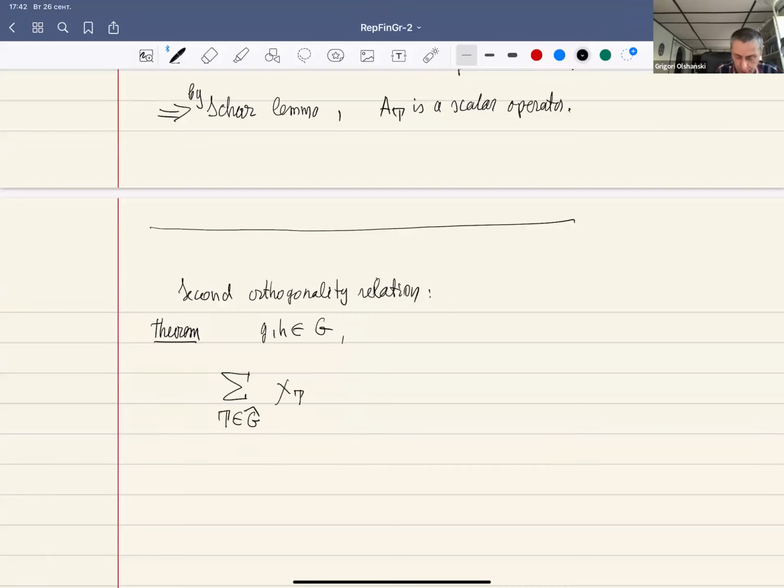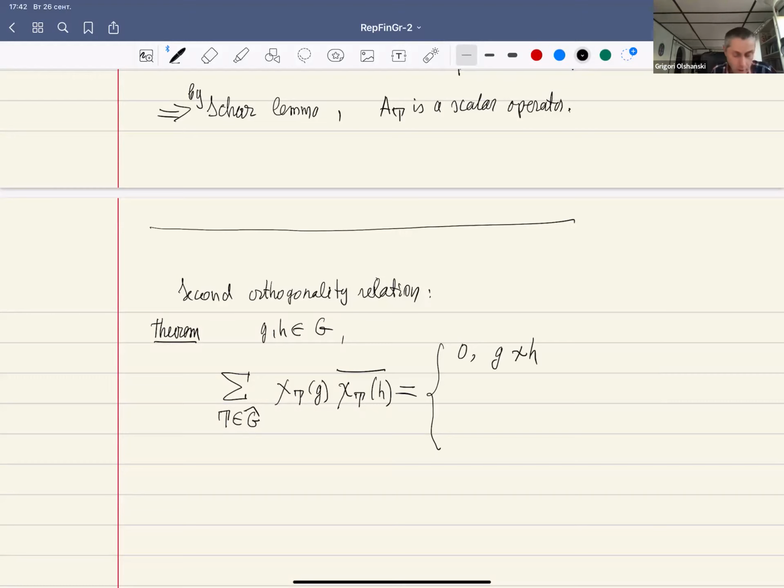So we take one character, evaluated at g, times this character evaluated at h, bar, and the claim is it's equal to what? This is 0 if g is not equivalent to h, meaning that they are in different conjugacy classes.